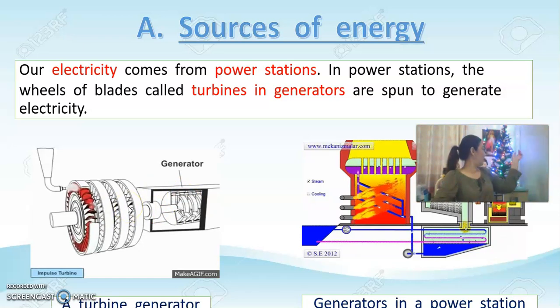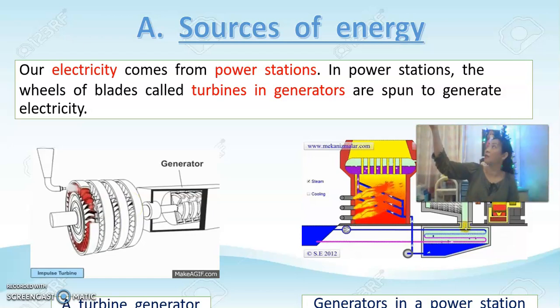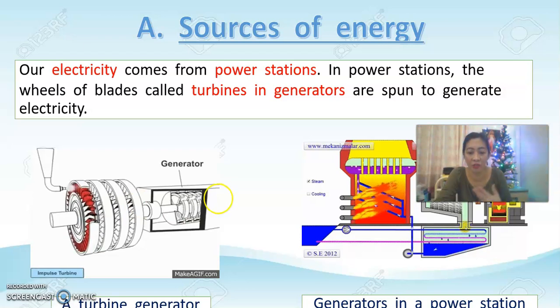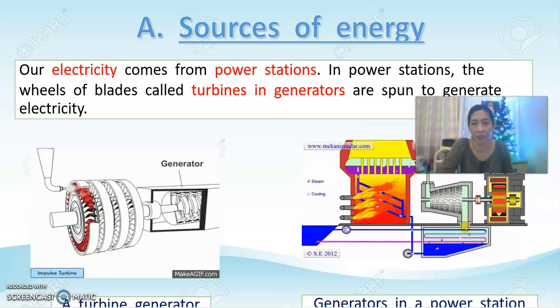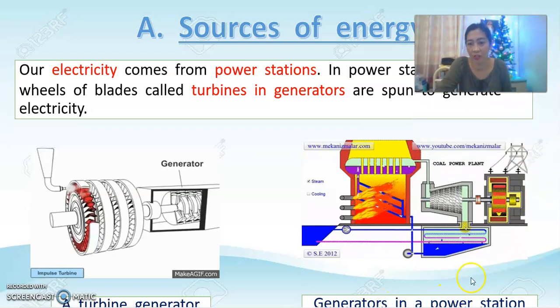That's why we have electricity and lights, because of the generator and the power station. These are the generators in the power station.